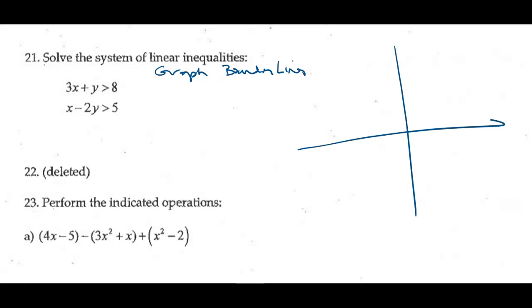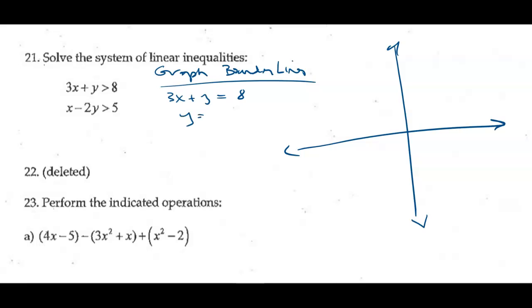Solve the system of linear inequalities. All right. So for this one, you have to graph. This one's a little different. You got to graph your boundary lines. All right, first boundary line is 3x plus y equals 8.